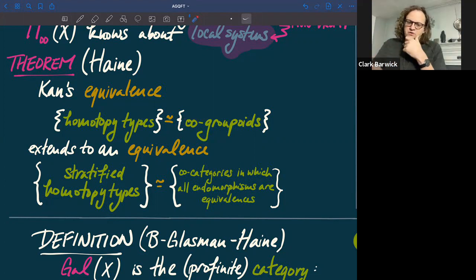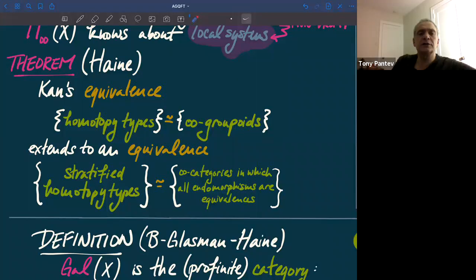And what Haine proved is that this equivalence between homotopy types and infinity groupoids extends to an equivalence of homotopy theories between stratified homotopy types and infinity categories with the property that every endomorphism is an equivalence. I think the way Peter calls these is layered infinity categories, if I remember right.